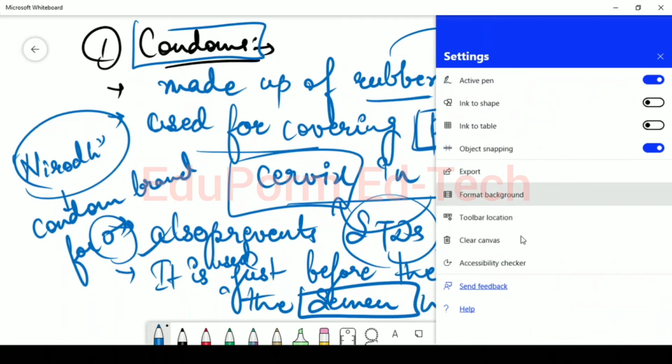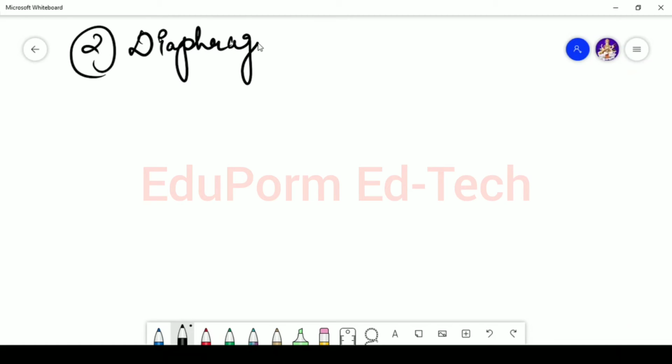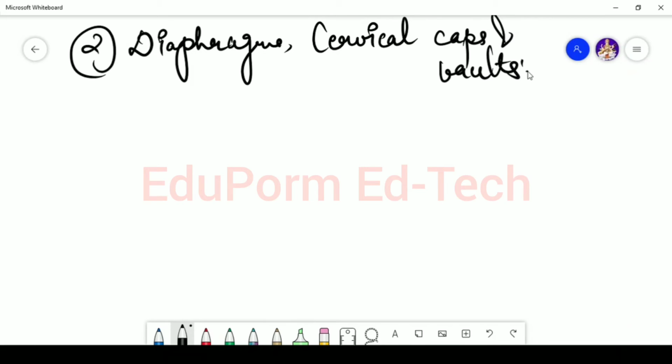Now let's talk about the second one. The second one is the use of diaphragms, cervical caps, and vaults. Now what are these?